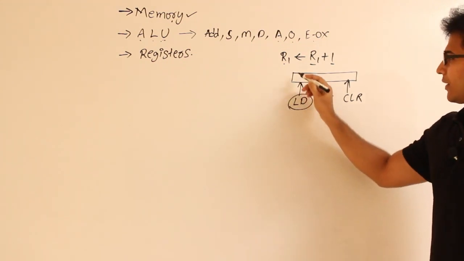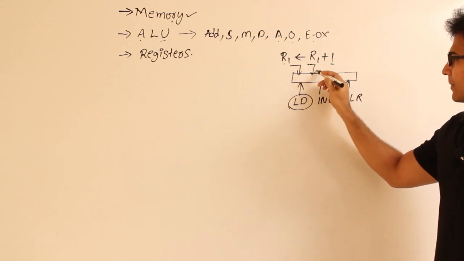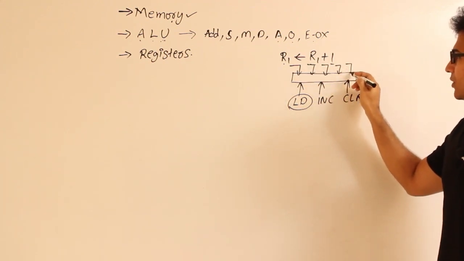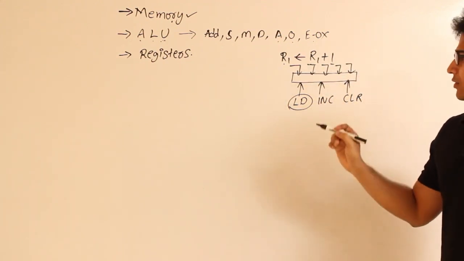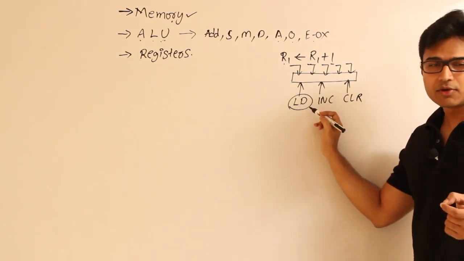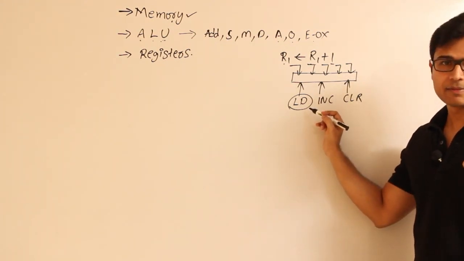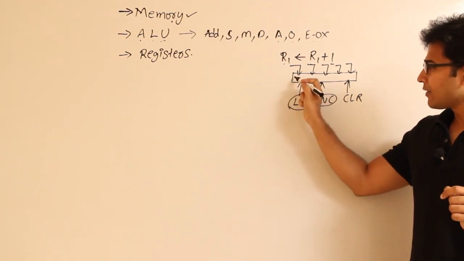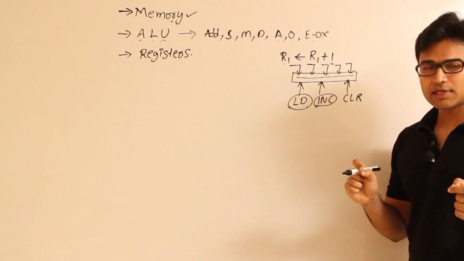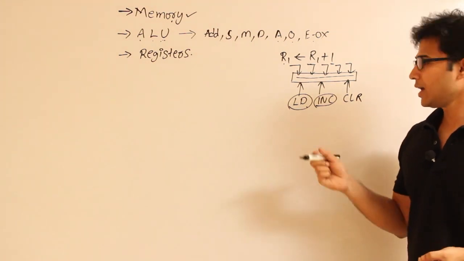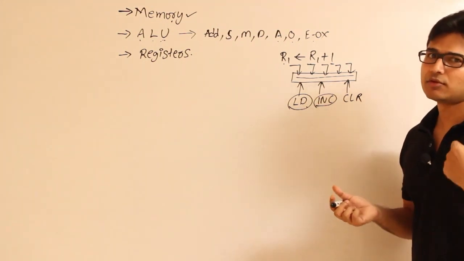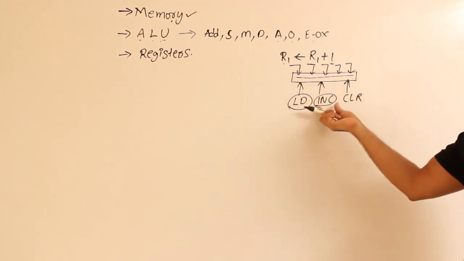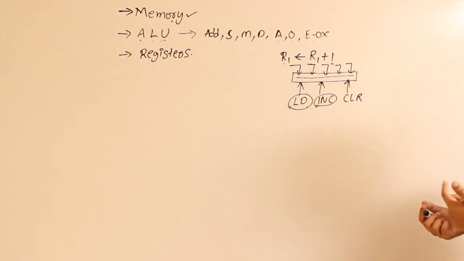How? You can connect each flip-flop to the bus, and then to each individual flip-flop you can apply that load signal, right? And similarly, increment is nothing but connecting all the flip-flops as if they are a binary counter, and then just passing a clock through them, right? And you enable that increment, then it will get incremented, right?